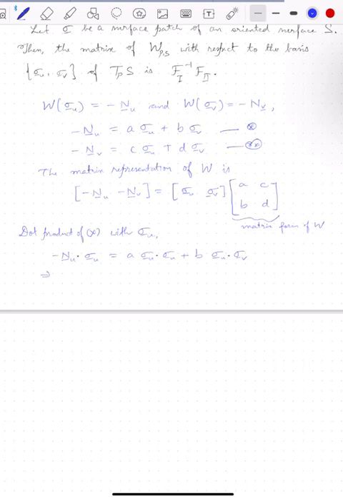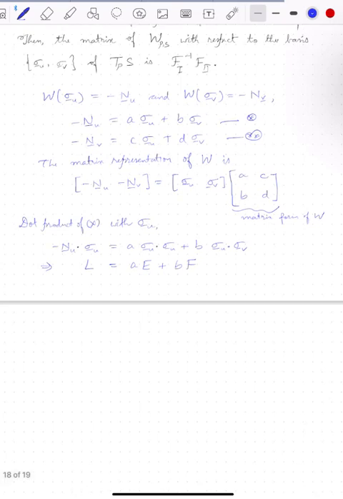So this implies that minus nu dot sigma u was what we call as L. Then we have a into sigma u dot sigma u, which is e, plus b sigma u dot sigma v, which is f.